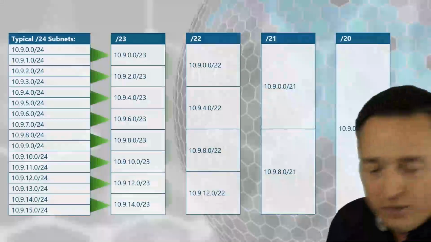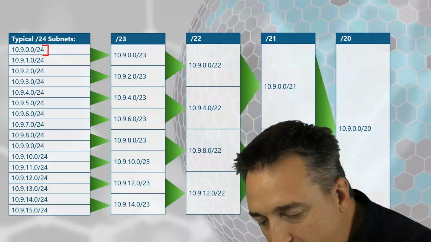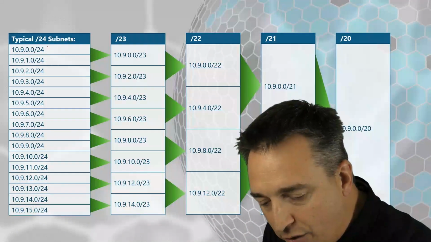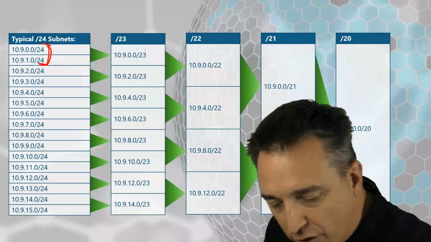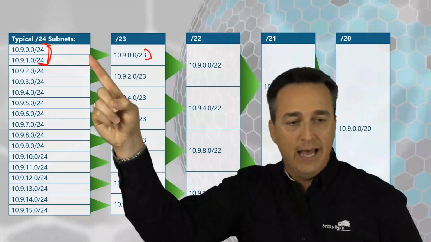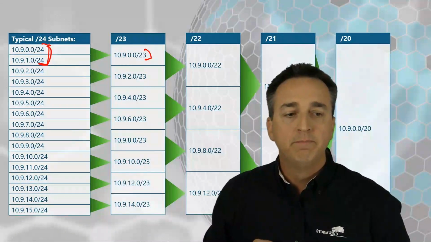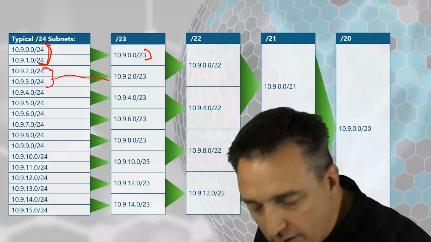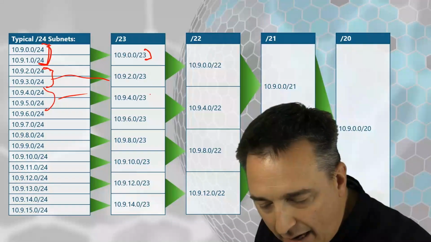Look at this. If you had this one network, there's your /24 network. If you combine 2 of them together, there's your /23. You see that? When you combine 2 together, you get a /23.